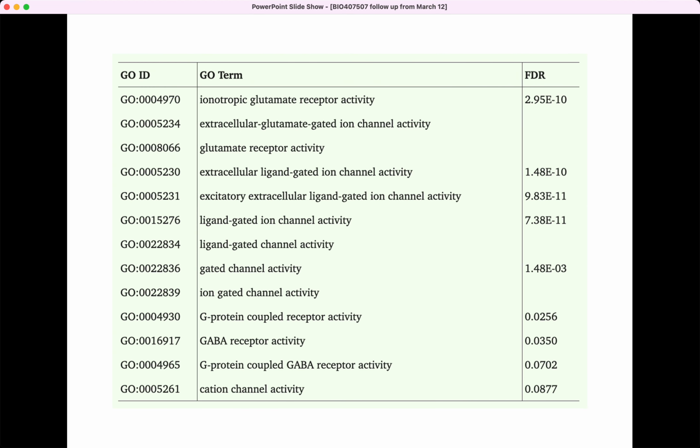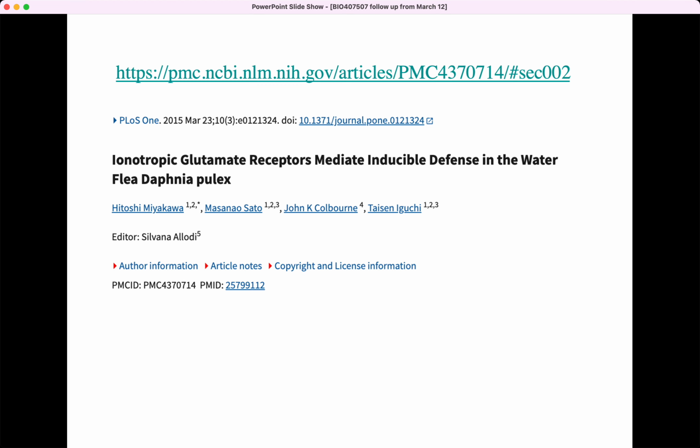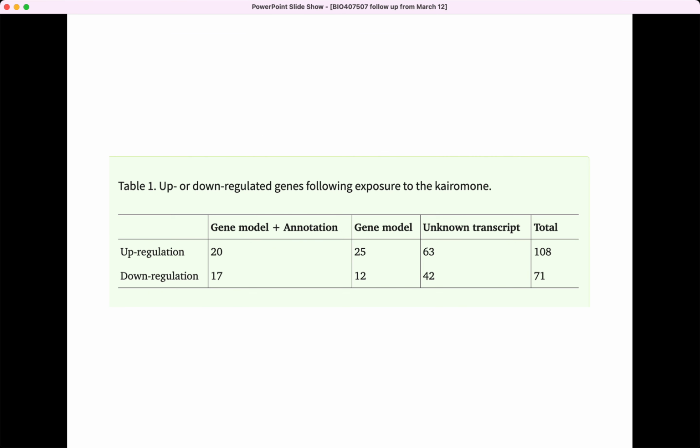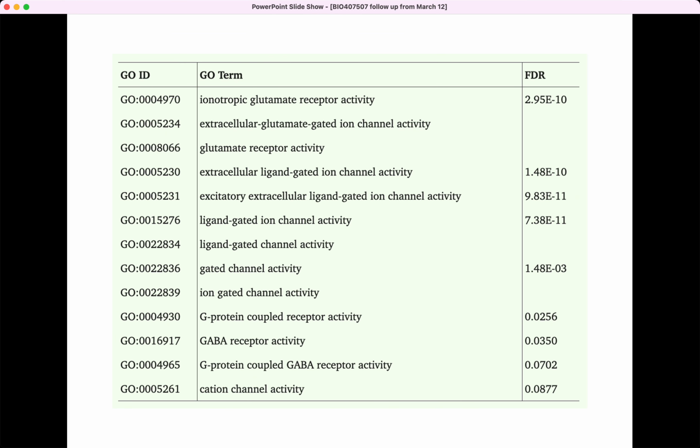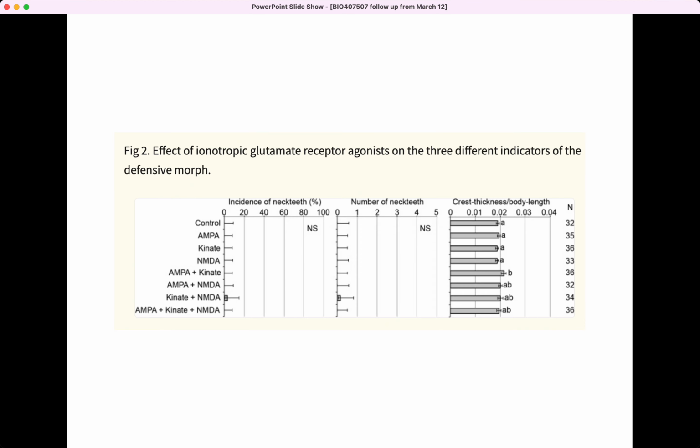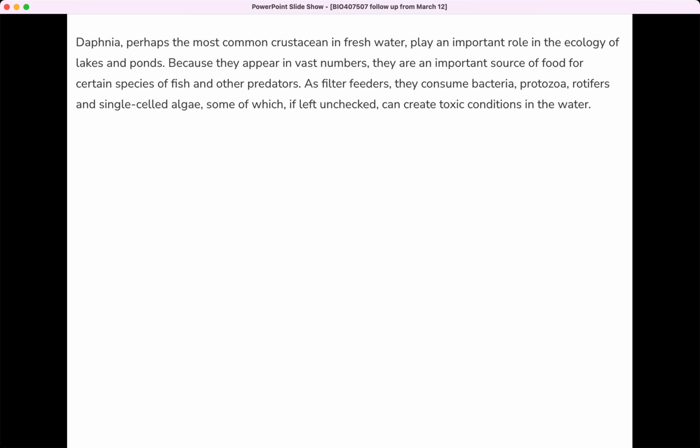And if I just scroll back to the title, you see they've identified these ionotropic glutamate receptors as being involved in mediating that change in the development, where in the presence of the pheromone from a predator, the Daphnia developed with these neck teeth. So that's the key concept here, is they used gene expression to find genes that look like they changed expression. And that's what this whole article is about.